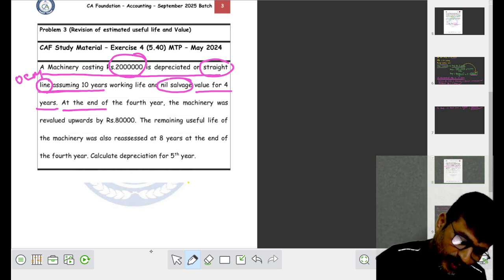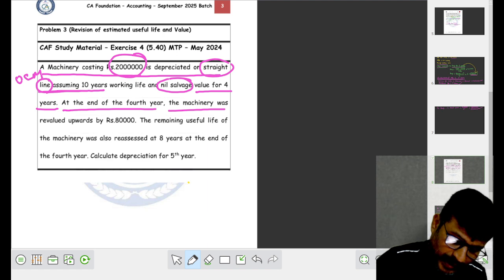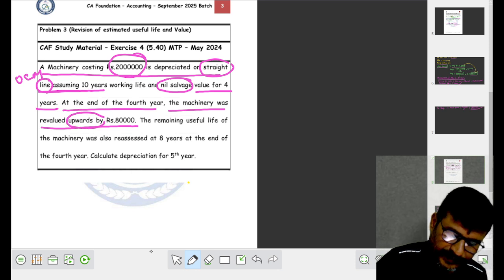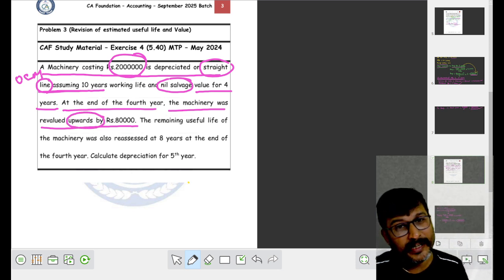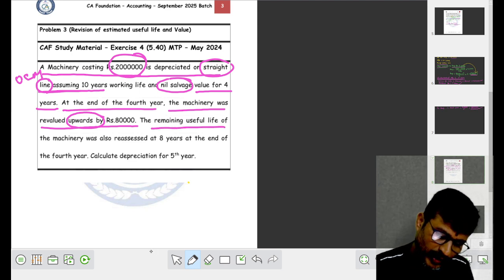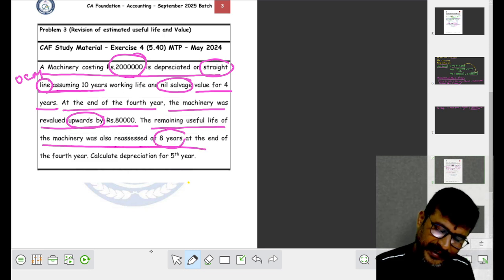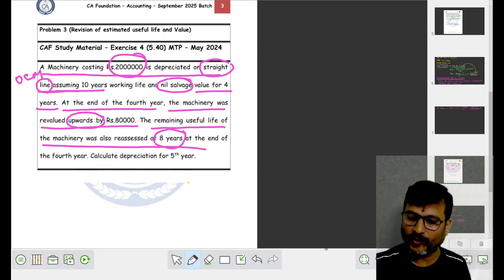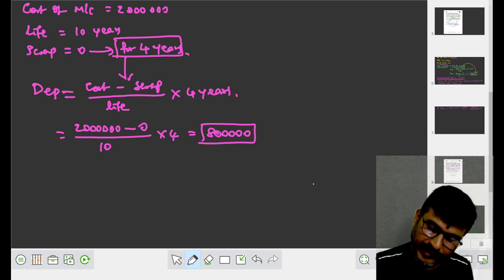At the end of the 4th year, machinery was revalued upward by 80,000. Remaining useful life is reassessed 8 years. Now, what to do? Let me write one hint.